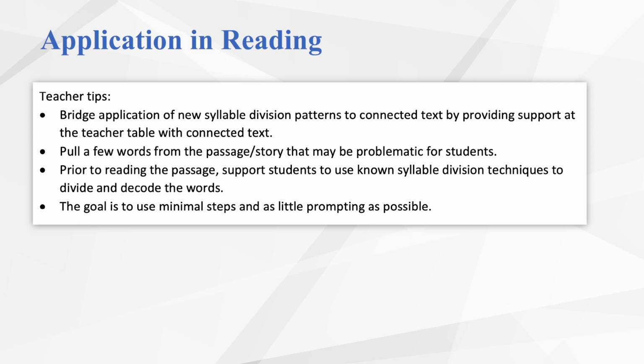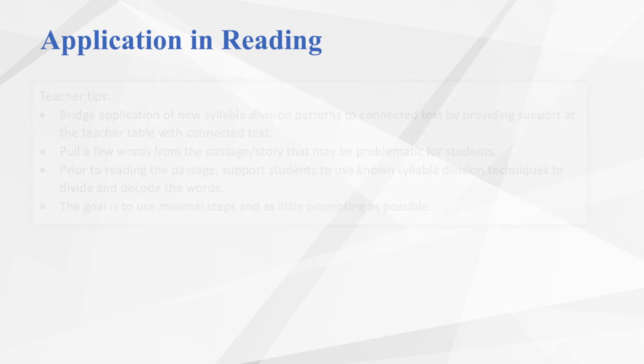Instead, what we need to do is help students apply what they've learned in OG when they encounter an unknown word. In this next segment, we'll model some strategies for how to support students in this application process. As a goal, it is our intent to support students with as few steps in prompting as possible, so that they see that this is a strategy that they can use on their own.